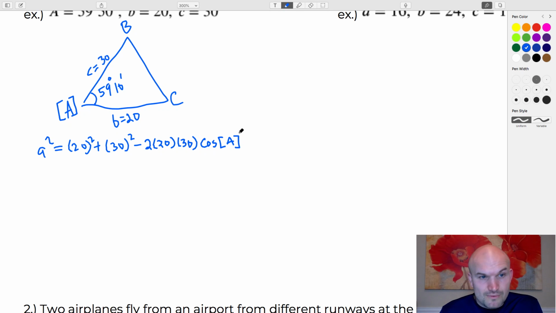Typically when doing this, though, I like to provide as many parentheses as possible. I even provide an extra set of parentheses when I'm typing this in, just to make sure.